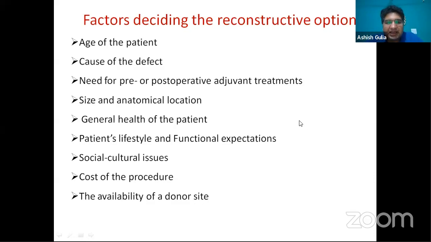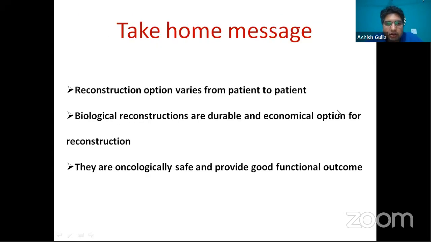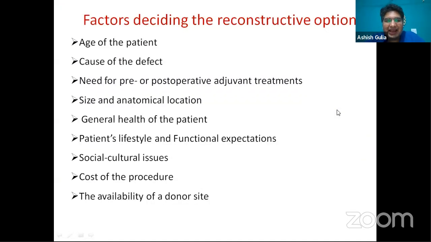Size, so typically if your defect is less than 10 centimeters or 8 centimeters, you can actually use a non-vascularized fibula, but for any defect more than 10 centimeters, usually you need to augment it with a vascularized fibula. And if it is the upper limb, then only a vascularized fibula is good enough.